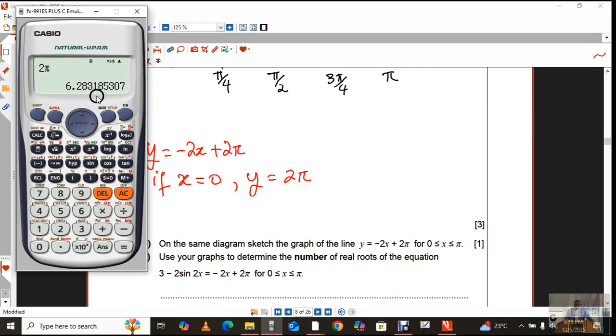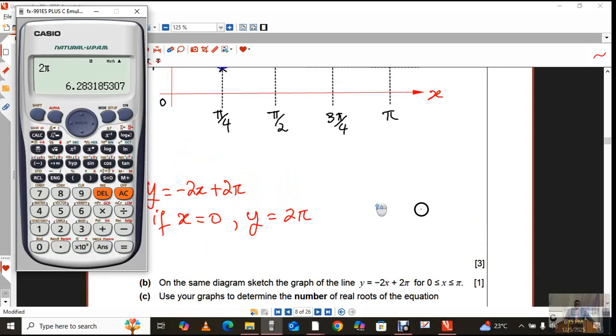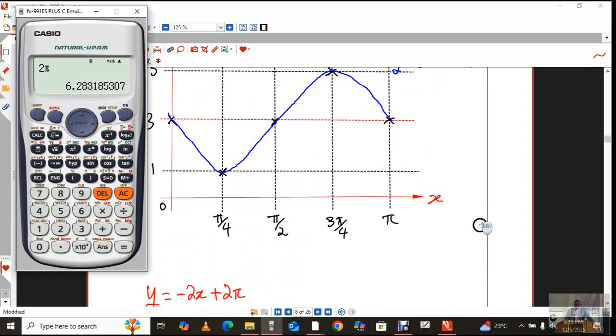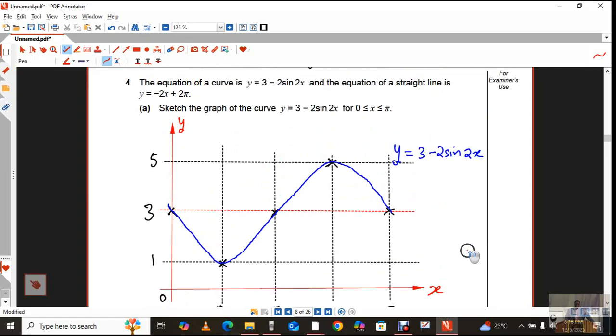So that line is going to cut the y-axis at about 6.2, somewhere here. So this could be my 2 pi value. Can you see that?